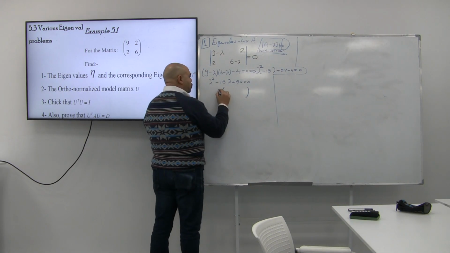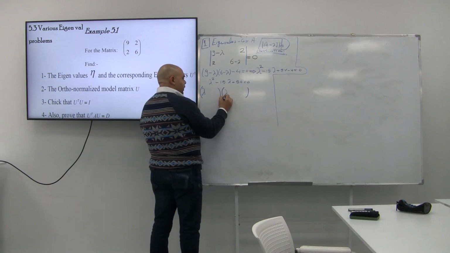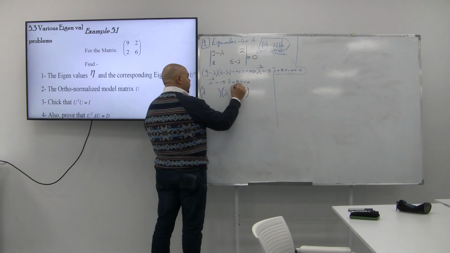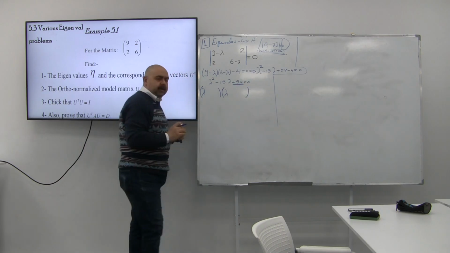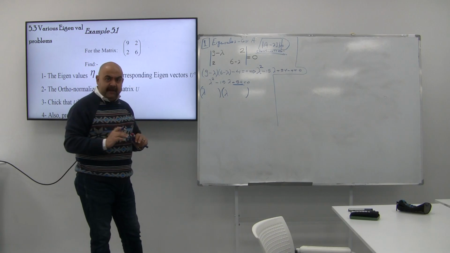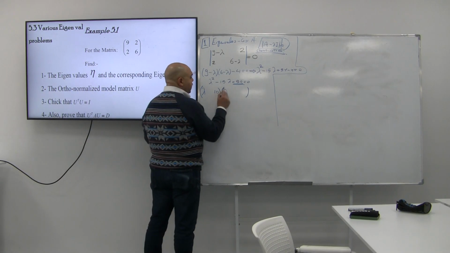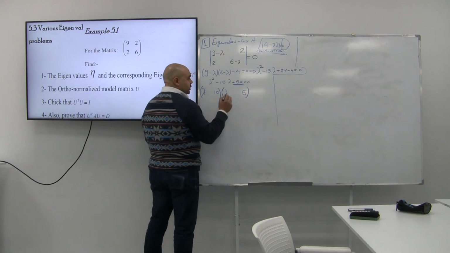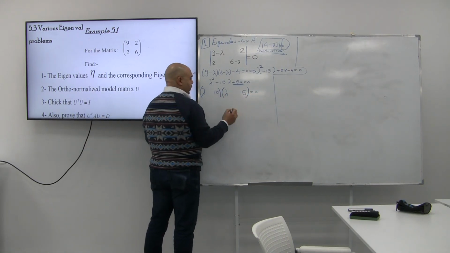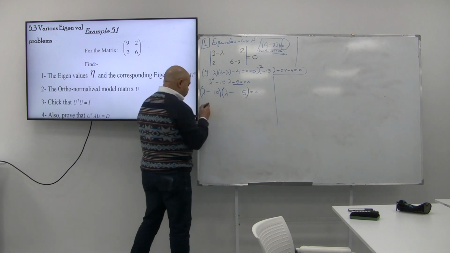This is lambda, lambda. I'm searching for two numbers whose multiplication is 50, and if you add these two values together, it's going to be 15. So I believe 10 and 5 looks tempting. And this is all equal to 0. So it's (lambda minus 10)(lambda minus 5) equal to 0.